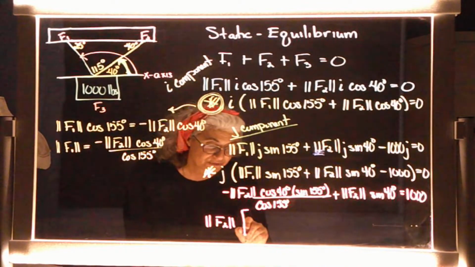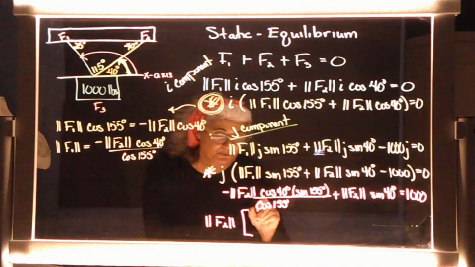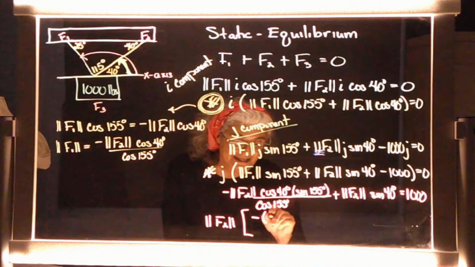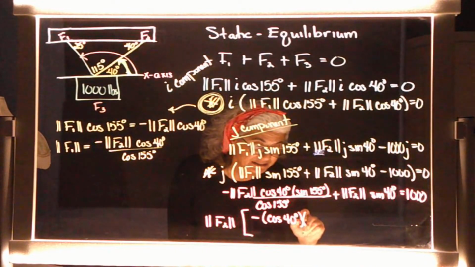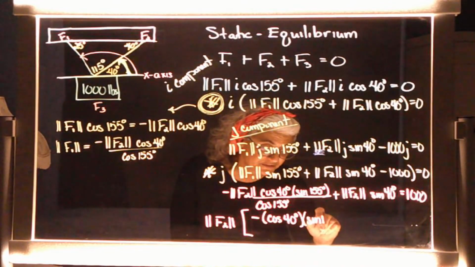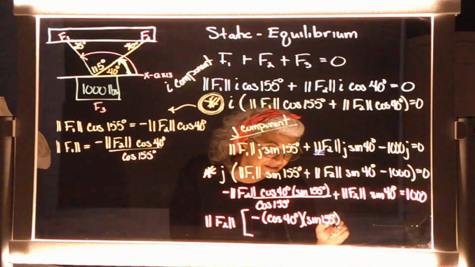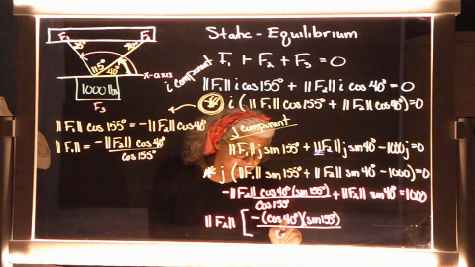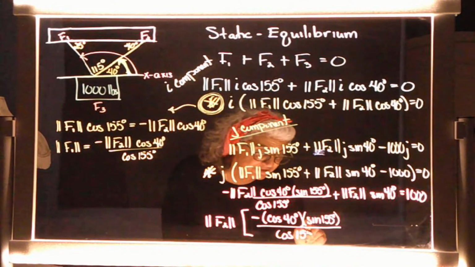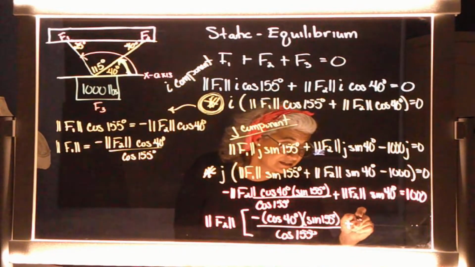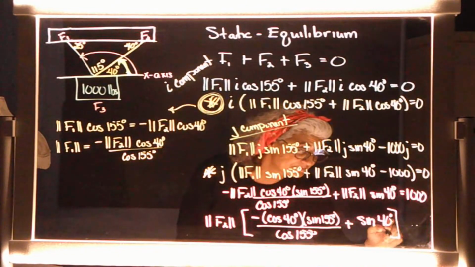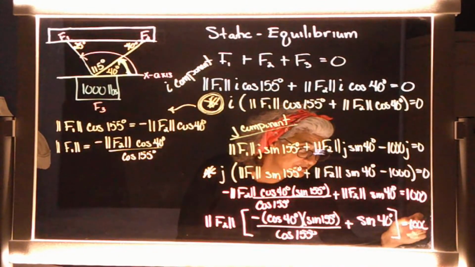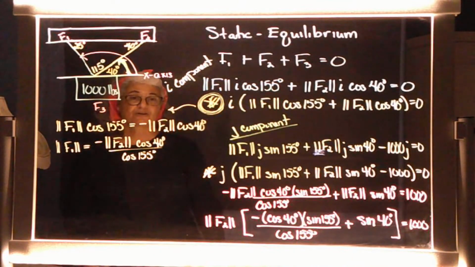And when I do that, I end up with negative cosine of 40 degrees times the sine of 155 degrees divided by the cosine of 155 degrees plus the sine of 40 degrees. And this is supposed to equal 1,000. Cool?